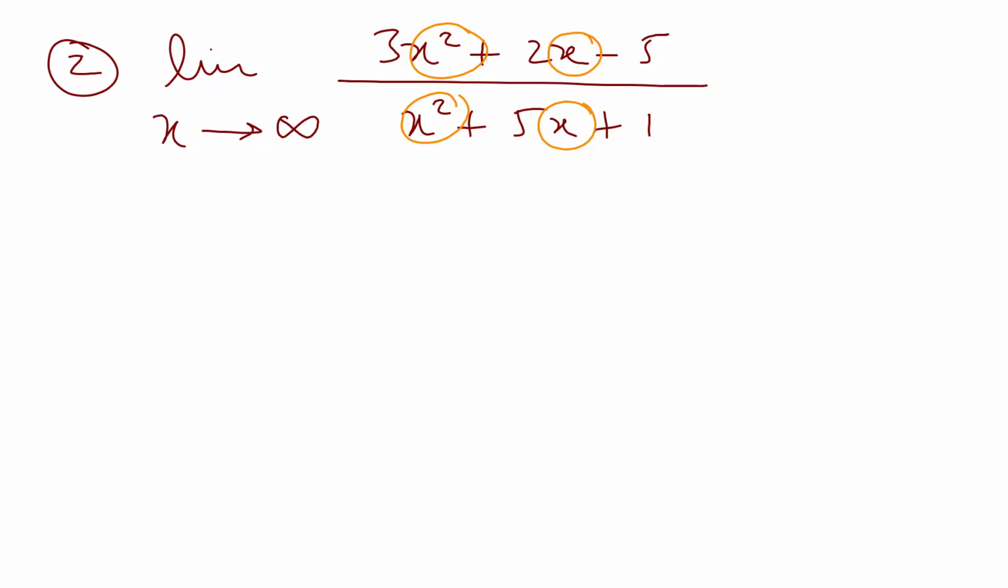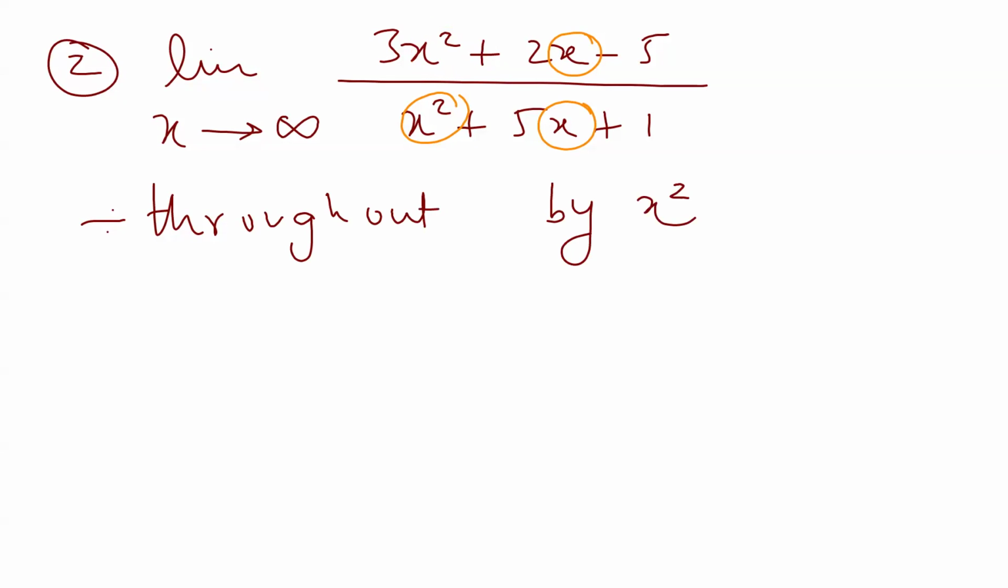So the maximum power of x is 2. So the next step is divide throughout by x square. We have to divide each and every term by x square.